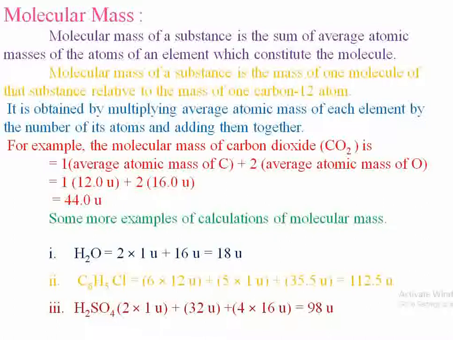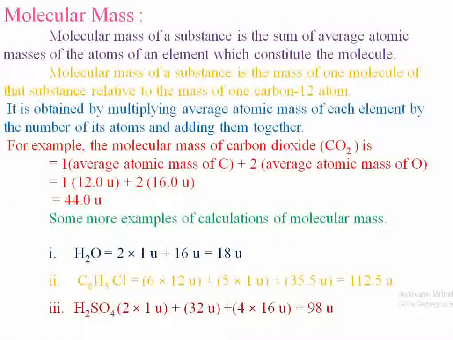They combine together and form the molecule or the polyatomic molecules. Each atom has different isotopes, and taking their average atomic masses and calculating their molecular mass, this is the process for calculating the molecular masses.